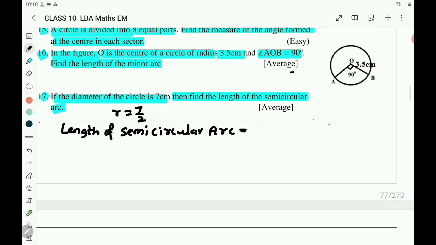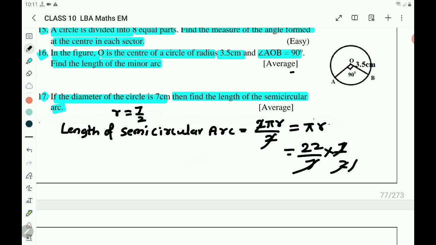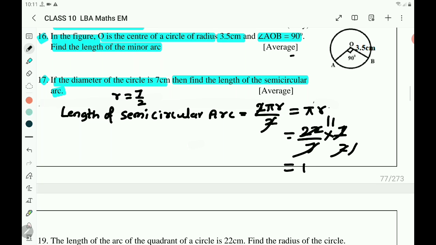But semicircle means half of the circle, so you can write 2 pi r by 2. 2 pi r is the complete circle length, by 2 means semicircle length. So it cancels to pi r. Pi is 22 by 7 into r is 7 by 2. 7 and 7 cancel. 2 ones are 2, 11s are 11, which is equal to 11 centimeters.